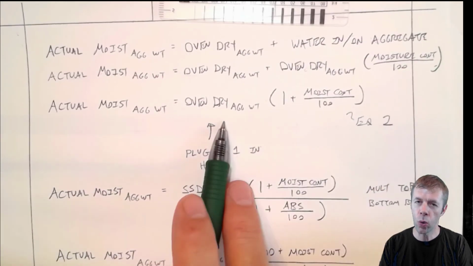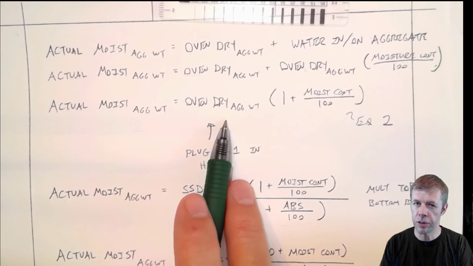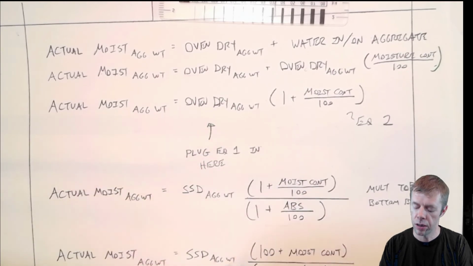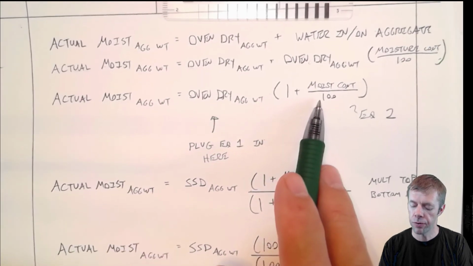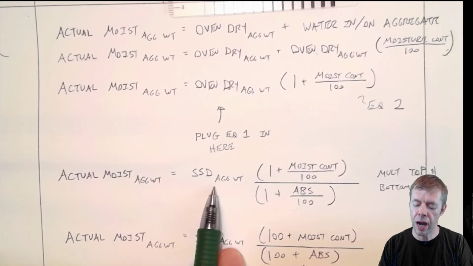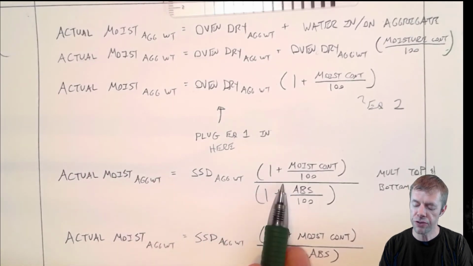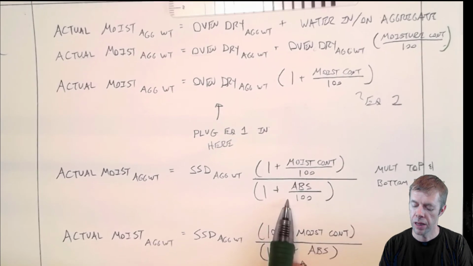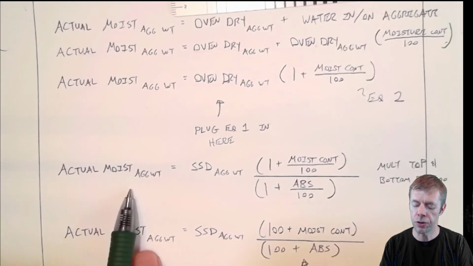Now, if I plug in equation number 1, this is what I solved for on the previous page, and multiply by this, I'll get the SSD aggregate weight multiplied by this funny thing. And this gives me my actual moisture aggregate weight.